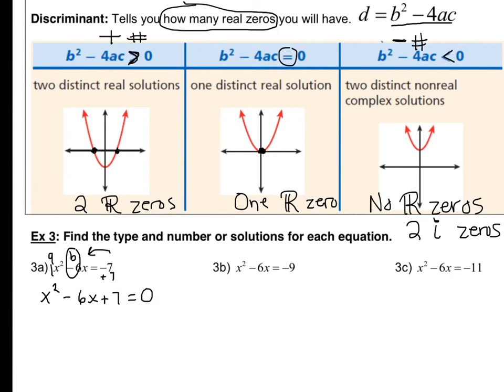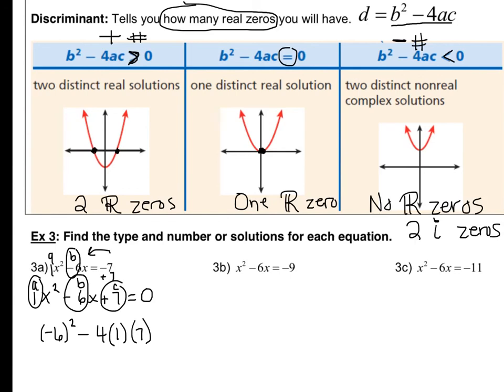I started working too fast. So a is 1, b is negative 6, and c is 7. So b squared, so negative 6 squared, minus 4 times a times c. Let's see what we got.